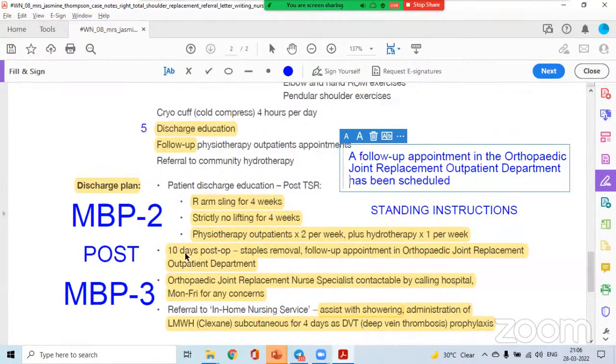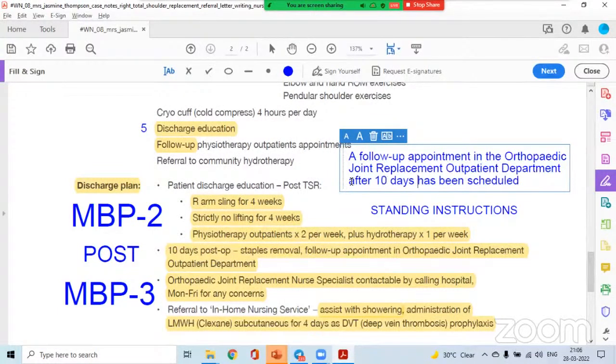Okay. After 10 days, after 10 days post-op. Okay. A follow-up appointment.